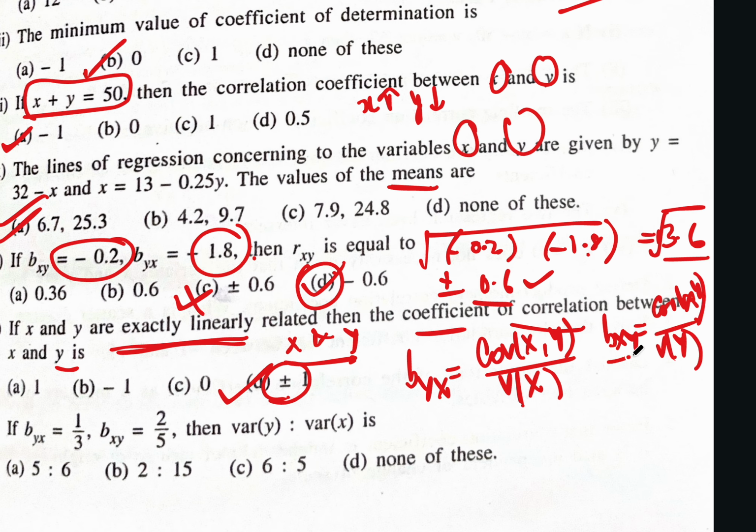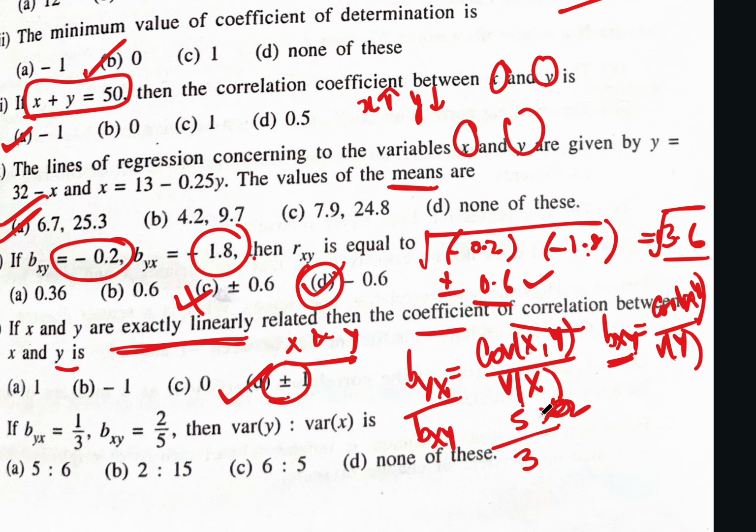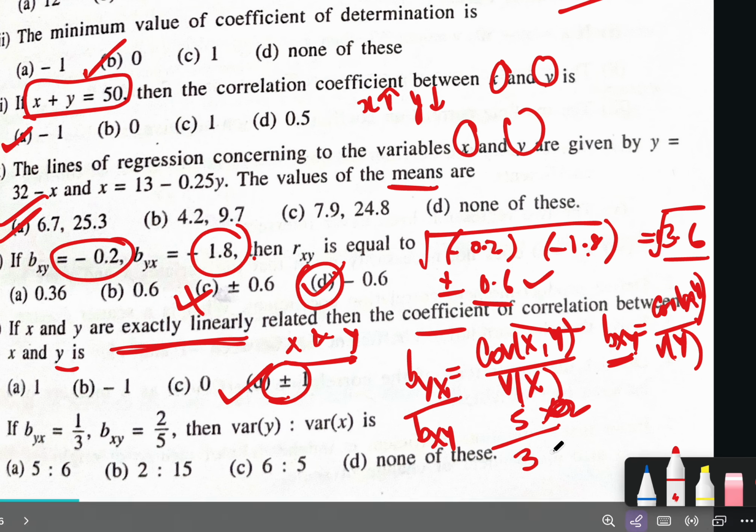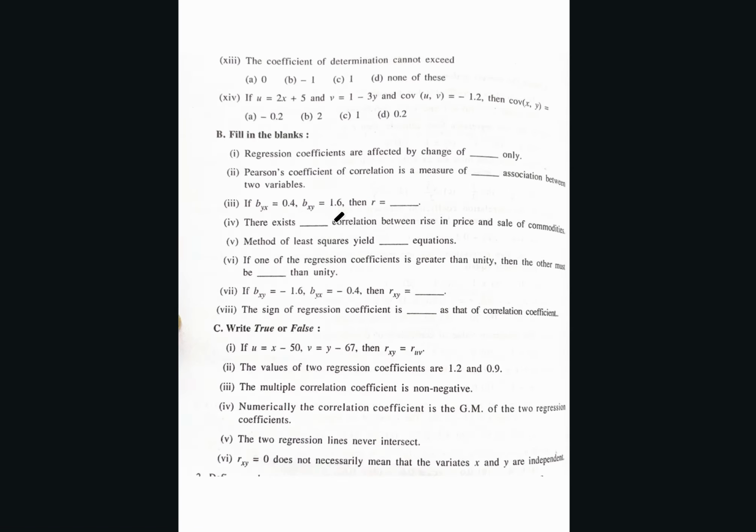So if I have to have this in numerator, so byx is 1 by 3, this is 5. Okay, wait. Is it a? It's a, correct. Yes, okay. Moving on to the second one.